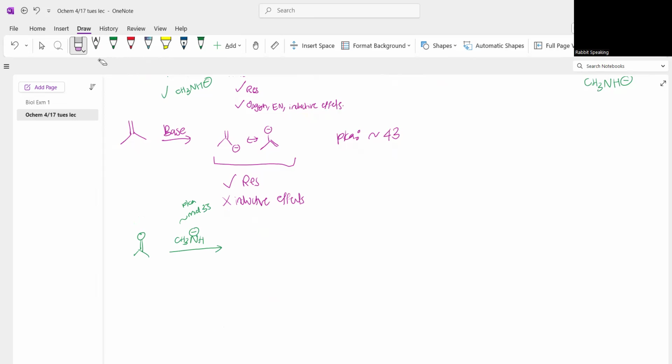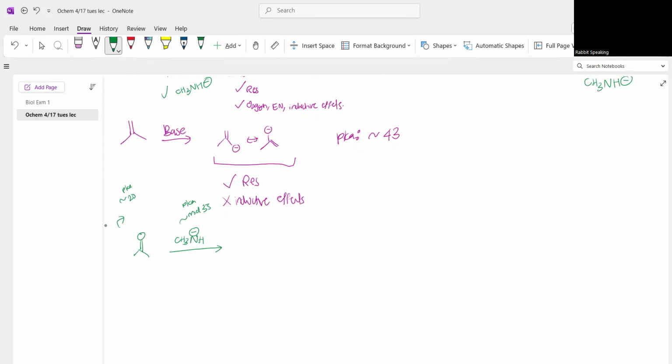This does have a pKa of around 20, because its conjugate base looks like the enolate form. So we're going to react these two and see what goes on.